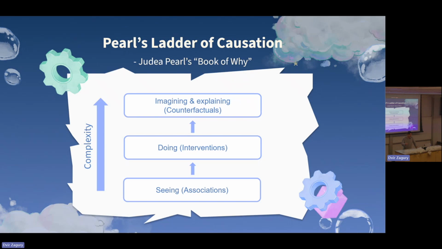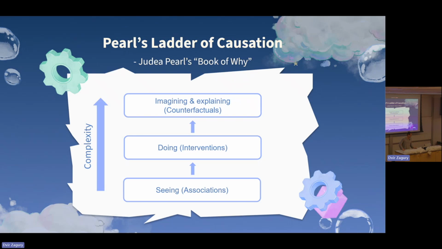Now, there's also a complexity kind of hierarchy here. The least complex, what machine learning excels at, is observations, seeing associations, dealing with those. And in causal inference, we're working with a slightly more complex step in this ladder of causation.